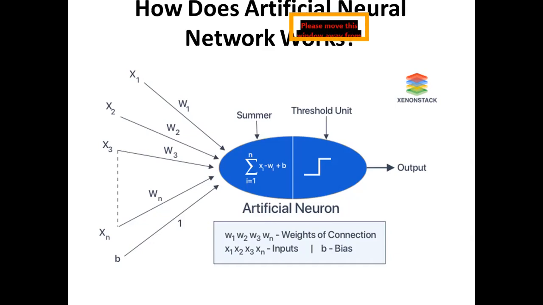To limit the response to arrive at the desired level, the threshold value is set up here. For this, the sum is forwarded through an activation function. Based on this, the activation function is set to the transfer function to get the desired output.